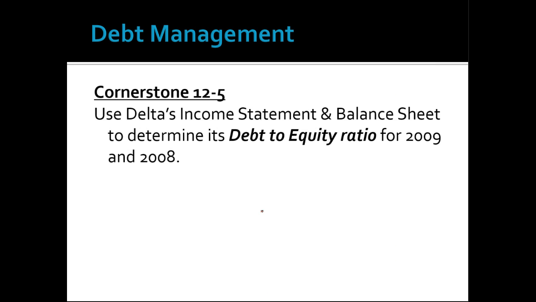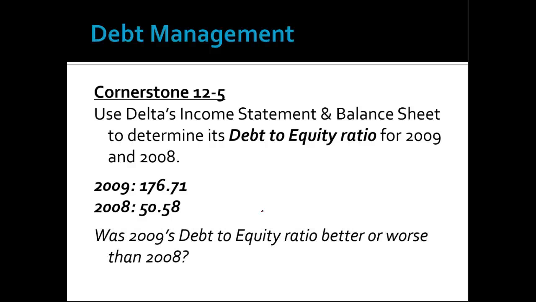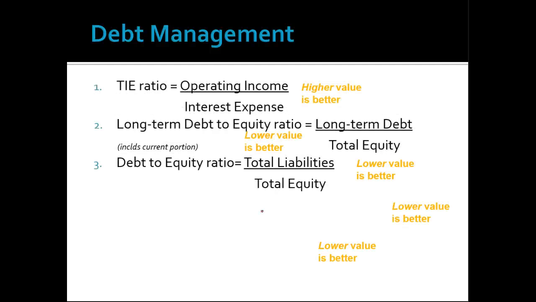And I would find, if I put all that into my calculator, that in 2009, for every $1 of equity, Delta had $176 of total liabilities. They had approximately $50 of total liabilities in 2008 versus every dollar of equity. So, did Delta, in terms of the debt to equity ratio, get better or worse from 2008 to 2009? Yep, they got worse. Two more.